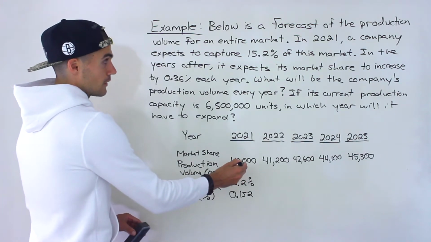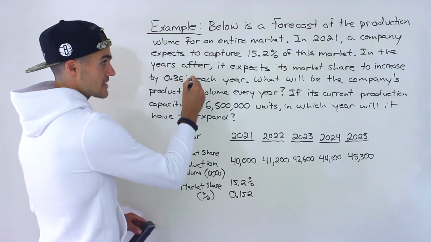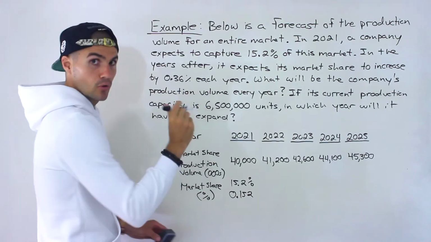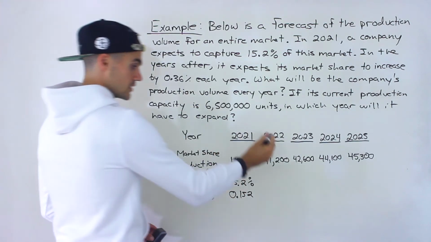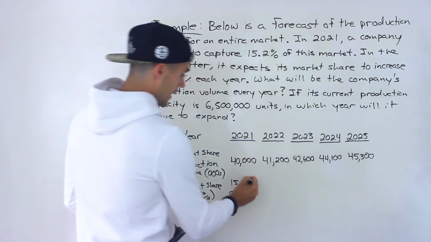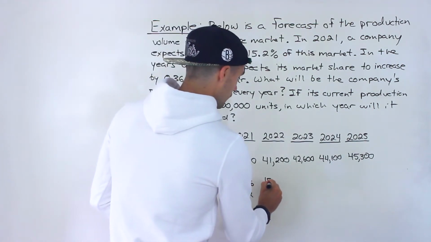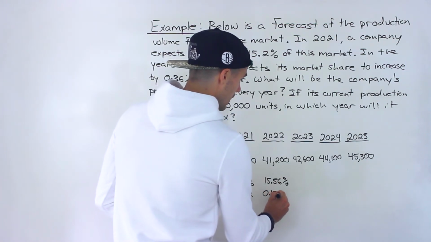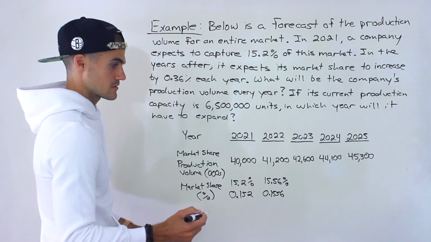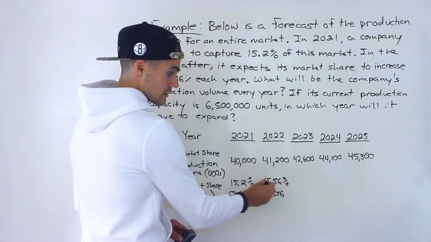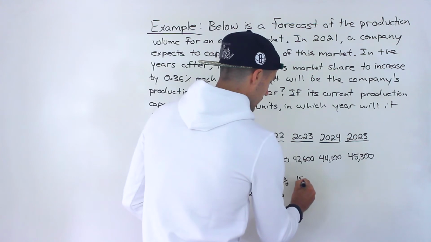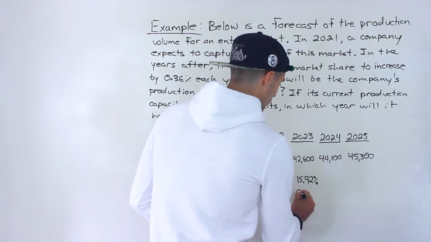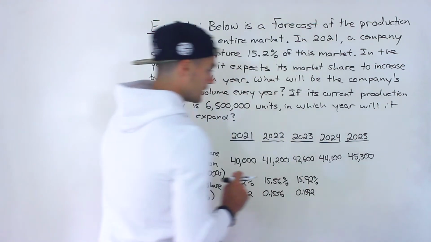So that's in 2021. And then what they're saying is that in the years after, it expects its market share to increase by 0.36% each year. So in 2022, if we add 0.36 to this, we would end up with 15.56%, or 0.1556 in decimals. And then 0.36, if we add it to this, we would end up with 15.92%, or 0.1592.